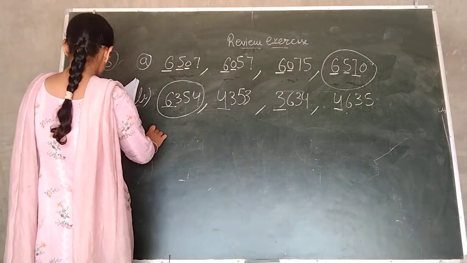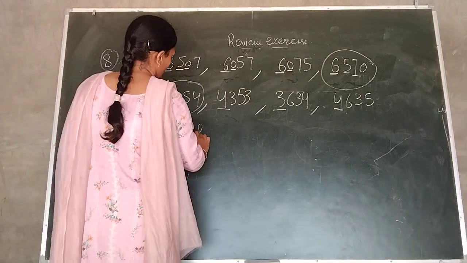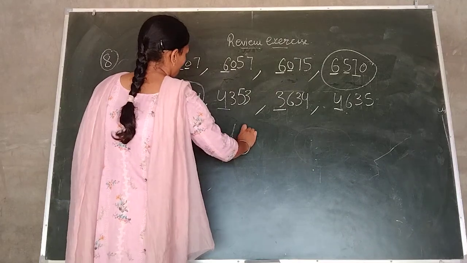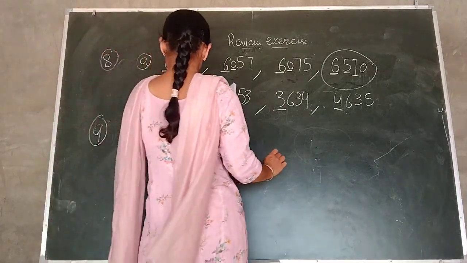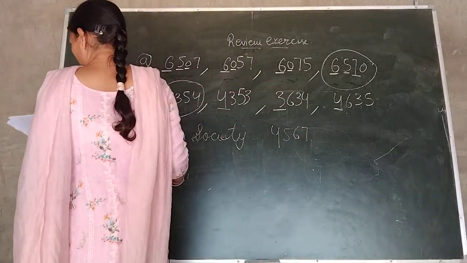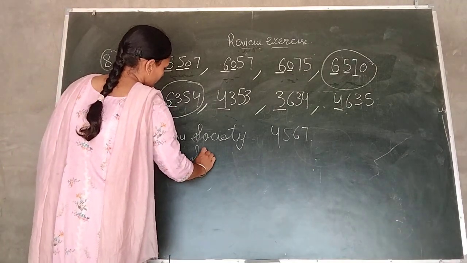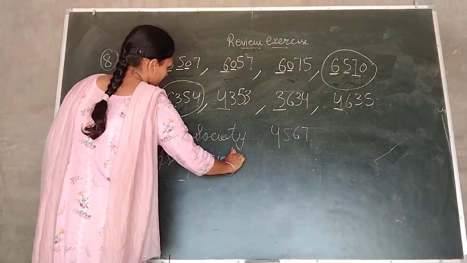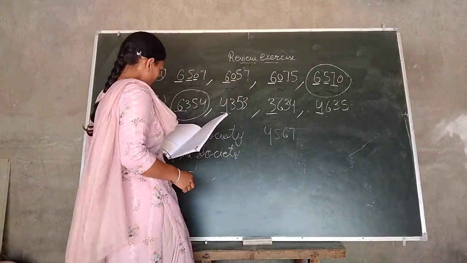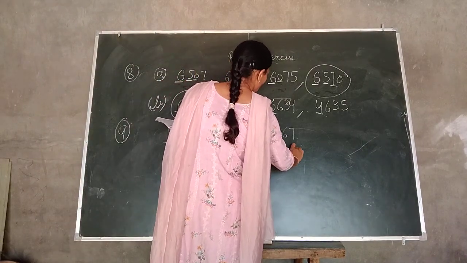So in Manu Society, how many people are there? 4,567. And in Asha Society, how many people are there? 3,942.